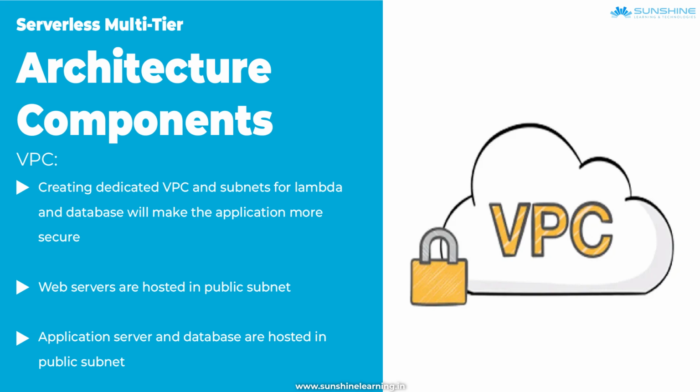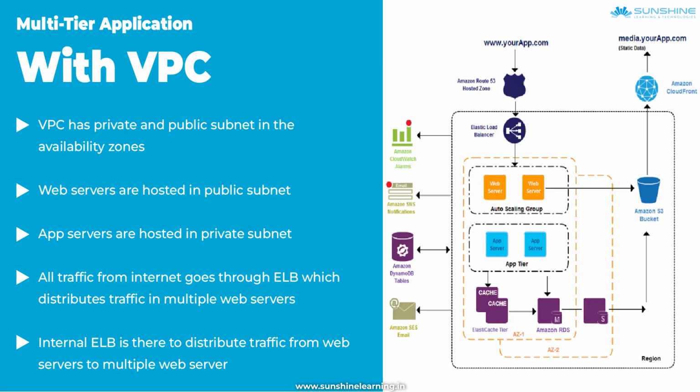In the VPC, the front-end facing web applications would be hosted in the public subnet because they are going to get the internet access. And the application server and the databases will be hosted in the private subnet, which will be isolated. Now this is one example of the multi-tier application with VPC. Here you can see there are a lot of services that we have used in this particular diagram.